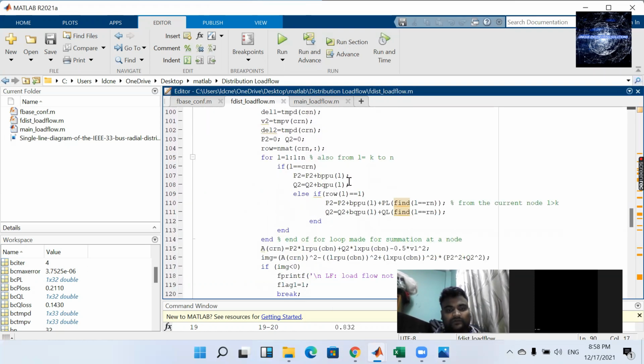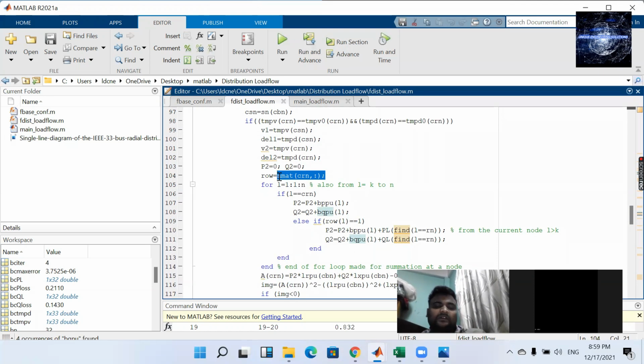This code copies all the CRN row elements. That means if the CRN is 1, it will copy the whole first row. If CRN is, let's suppose, 10, it will copy the whole 10th row.